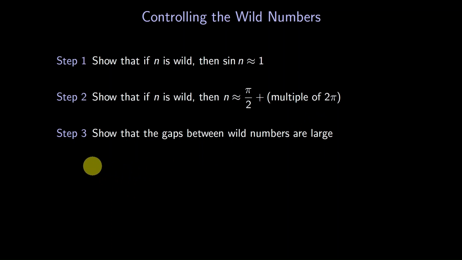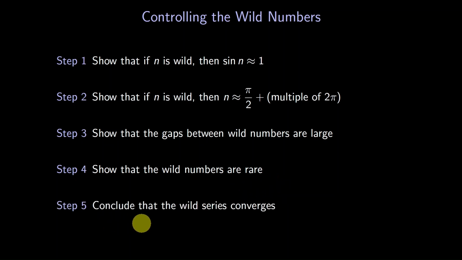We'll show that the gaps between wild numbers become large. Fourth, we'll show that the wild numbers are indeed rare. Namely, we'll show that the wild numbers grow faster than a linear function. Finally, we'll show that the wild series converges. Okay, that's our 5-step plan. Are you ready to begin?